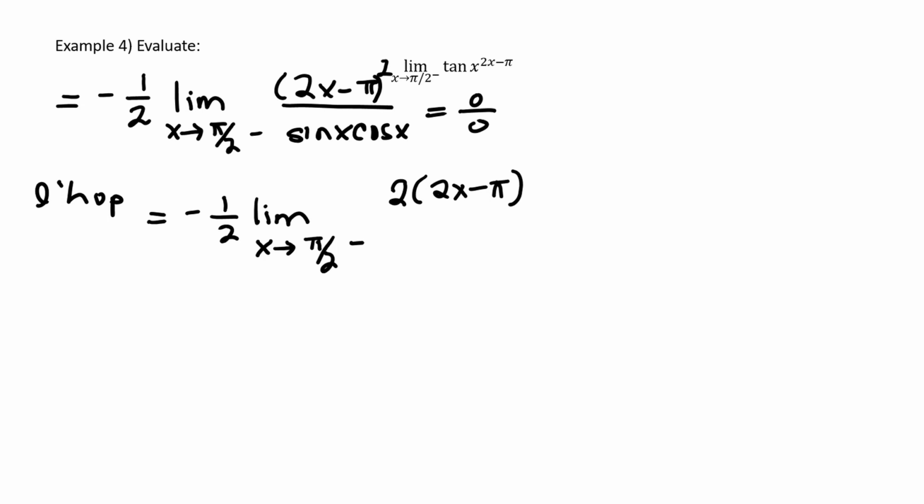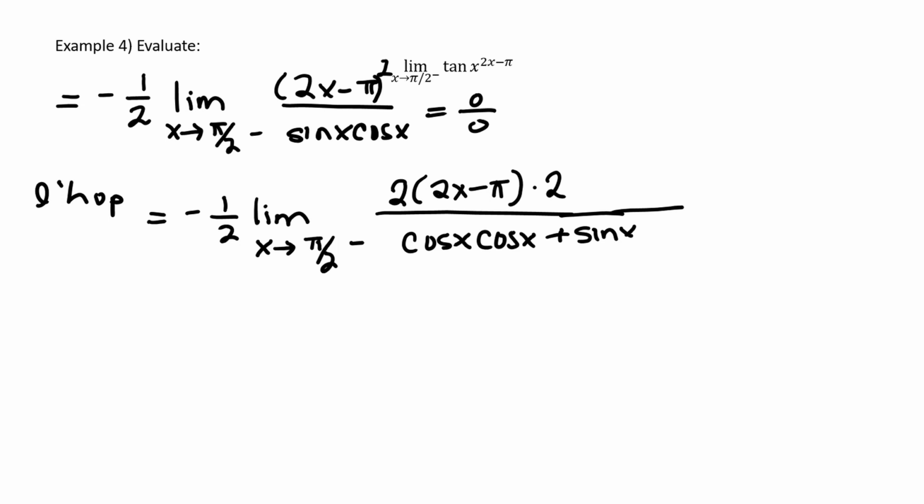And of course the derivative of the inside is going to give me 2. And then on the bottom we will do the derivative of the first, so cosine x times the second function, plus, taking the derivative, we'll have sine x times the derivative of cosine, which is minus sine x. Let's clean that up some more.